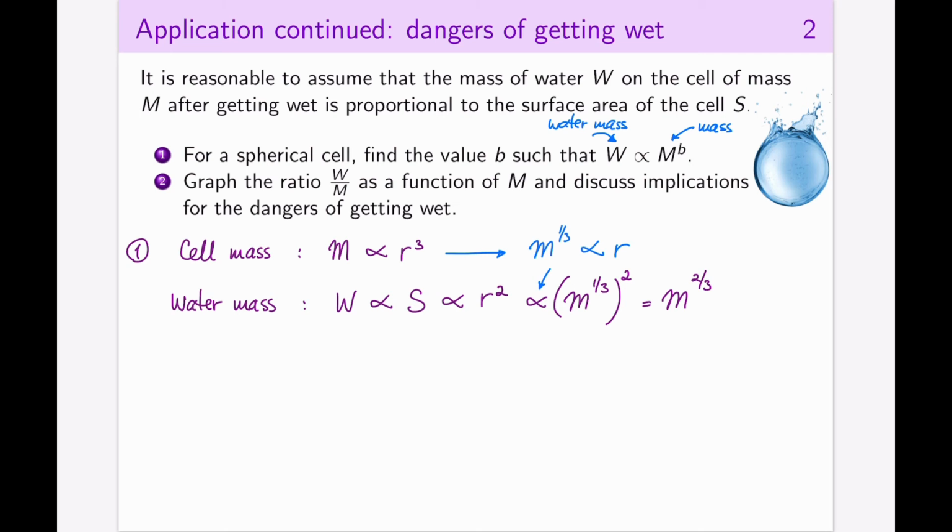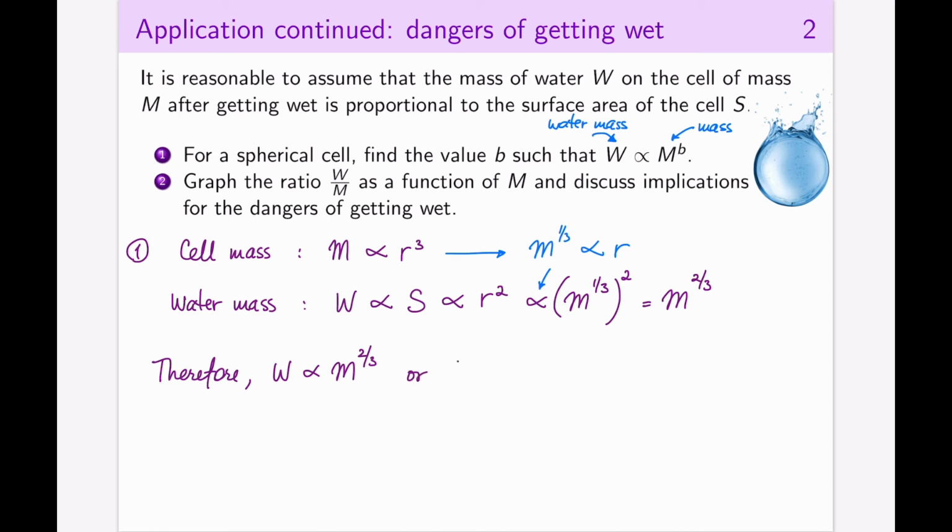So what I have is that the water mass, through the chain of proportionalities and equalities, is proportional to M to the power 2/3. Okay, let's write down that conclusion. Therefore, the water mass is proportional to the 2/3 power of the mass.